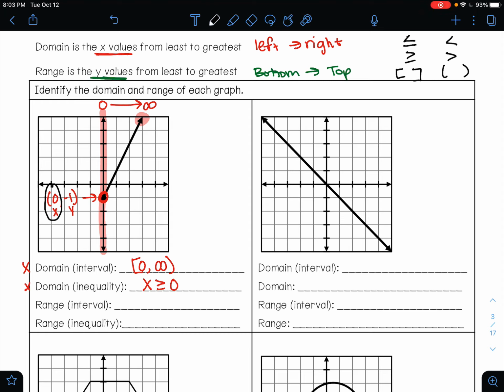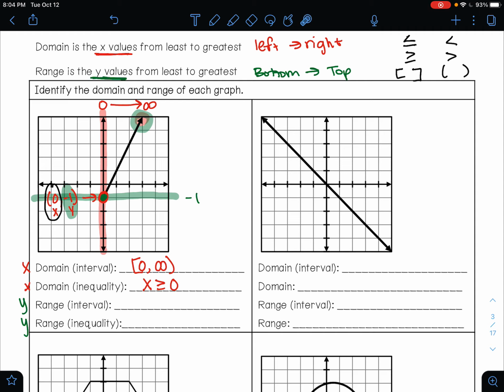Now that we've talked about the domain, let's look at the range. Your range are your y values from the bottom of your graph to the top of your graph. The bottom of my graph is this point right here. So the bottom of my graph is where y is -1, because that's that point right there. The top of my graph is also where this arrow is.